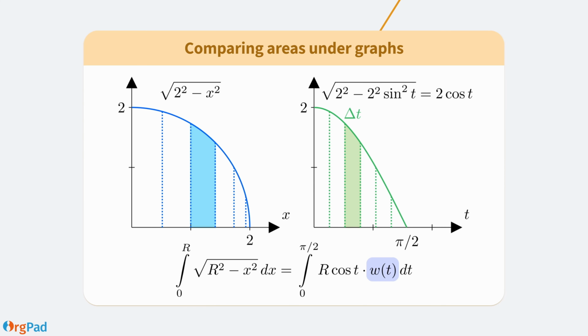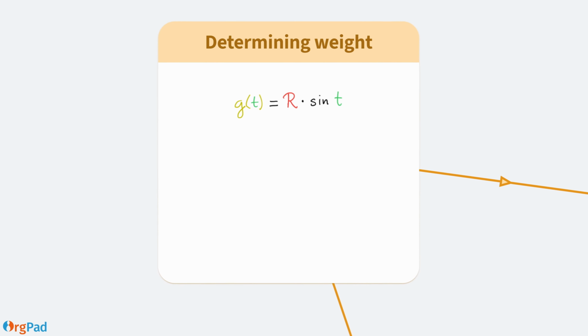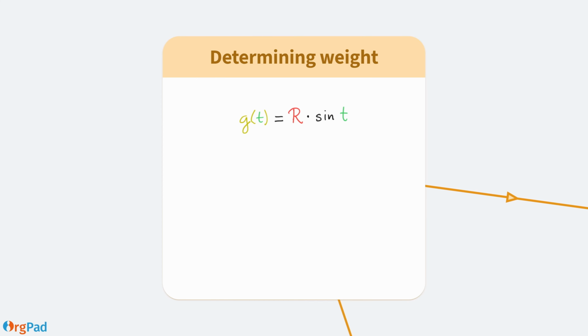We call delta t the width of a piece in the modified function, and delta x the width of the corresponding piece in the original function. Recall that these two functions are linked by the substitution g of t equal r times sine of t. We can plot g by placing t on the horizontal axis and x on the vertical one. For every value of t, we get the corresponding value x equal g of t.